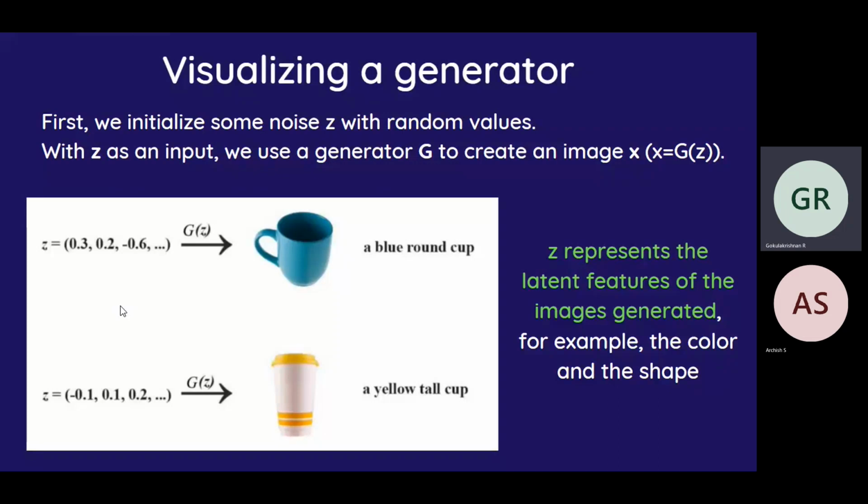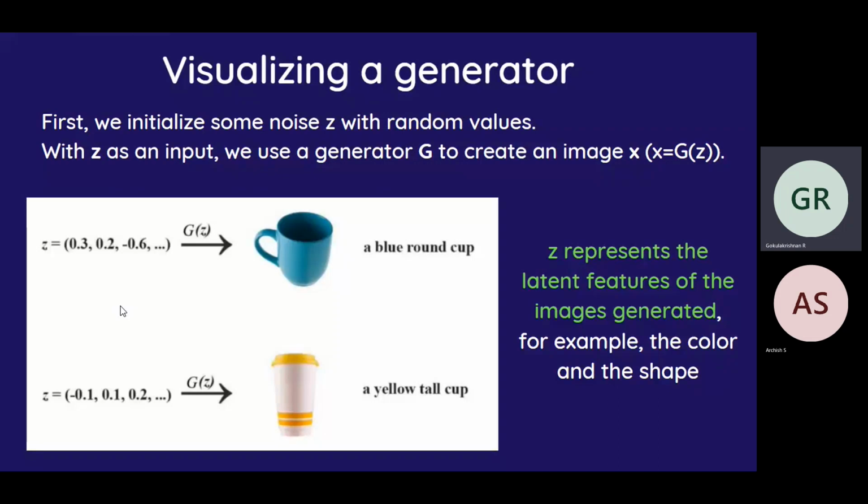It's actually a cup, but with certain features: it's blue and round. Now suppose you change Z to minus 0.1, 0.1, 0.2, and so on. You have changed these numbers, and still you have no idea what they mean. You don't know what the first number represents, or what the second number represents. You just give it some numbers, and the generator outputs a yellow tall cup.